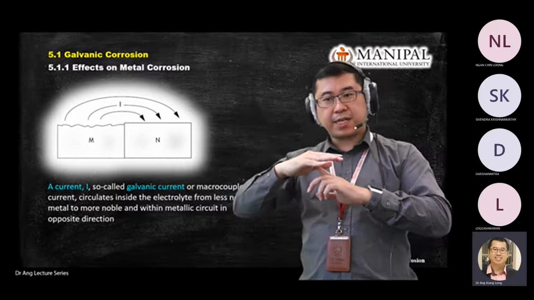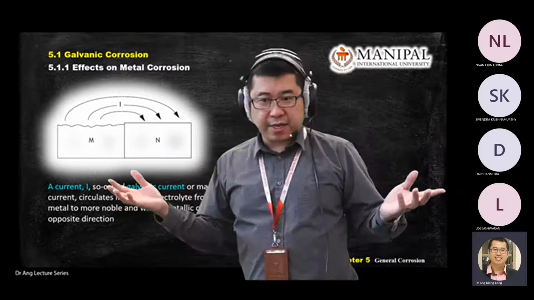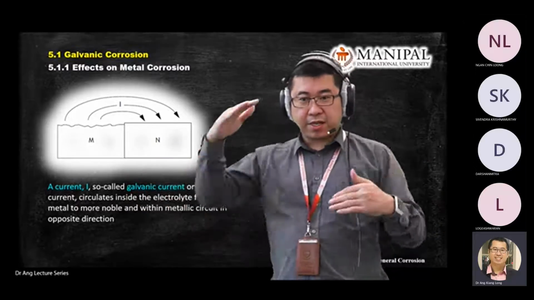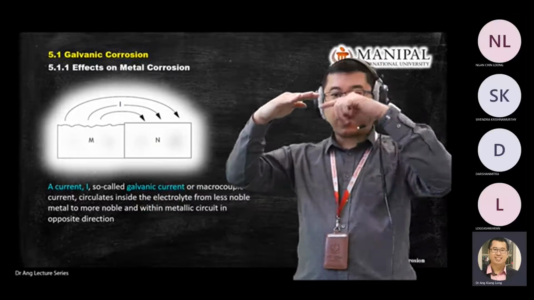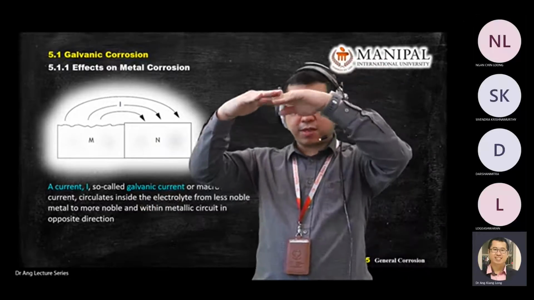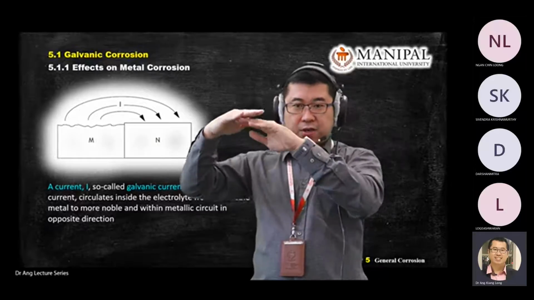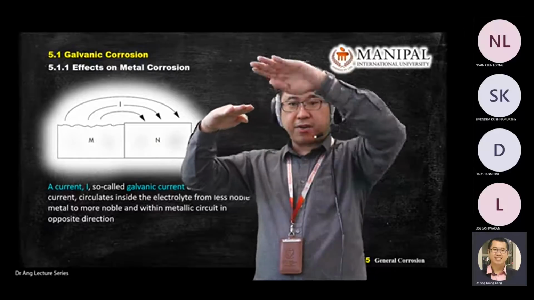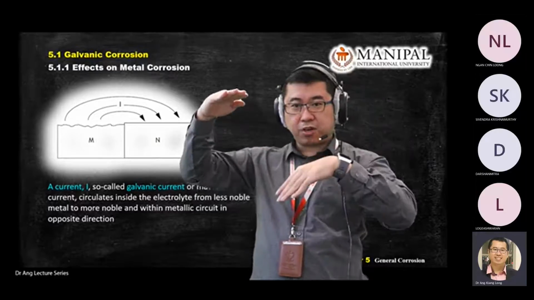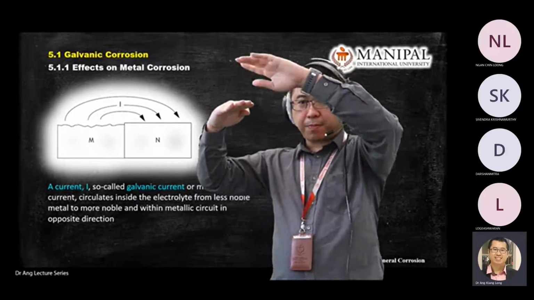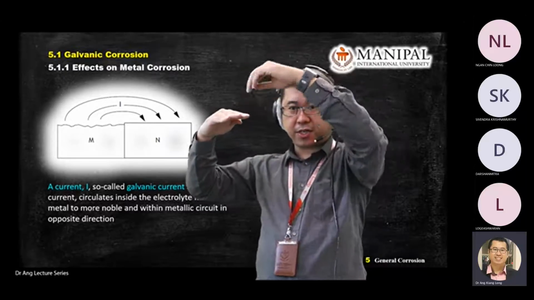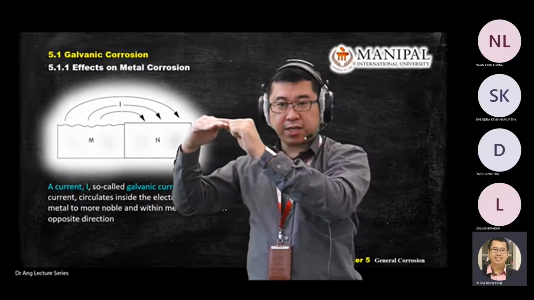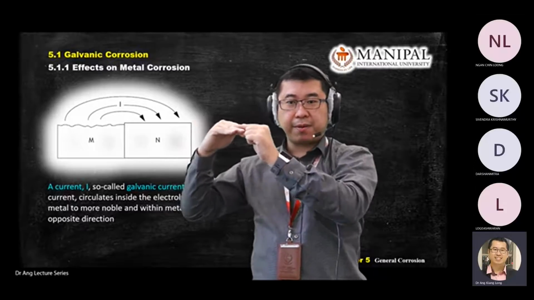So the higher metal is just lying there, enjoying his day and receiving electrons. Receiving electrons itself doesn't do anything to the higher nobility metal, but where do the electrons go? Electrons will go to the surface of the cathode, the higher nobility metal, and the electrons will attract the positive charges around the cathode. When positive charges join with negative charges, they will become solid.